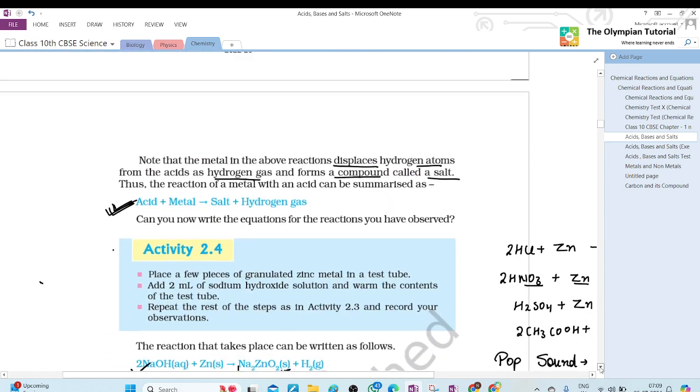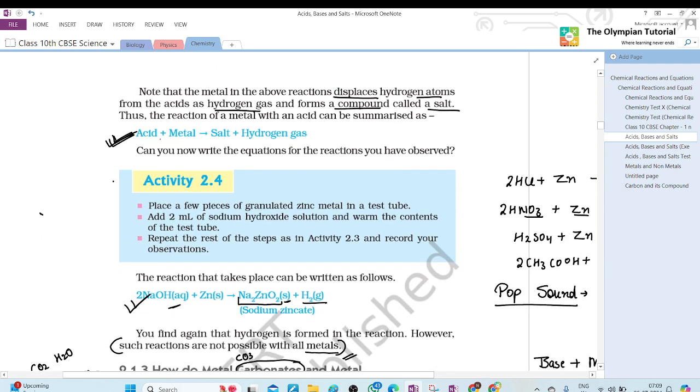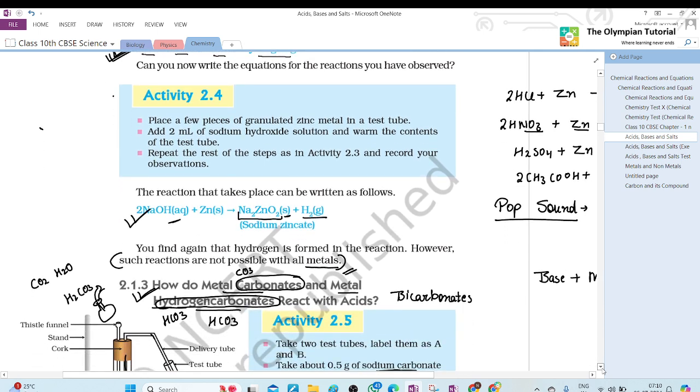Okay, friends. So acid reacts with metal giving salt and hydrogen gas. Same here: when sodium hydroxide reacts with metal, what will it give?